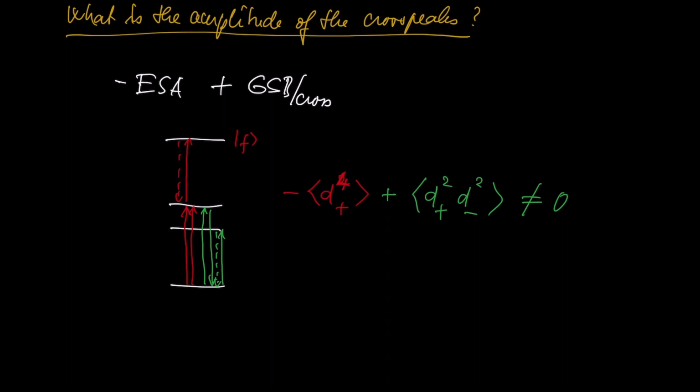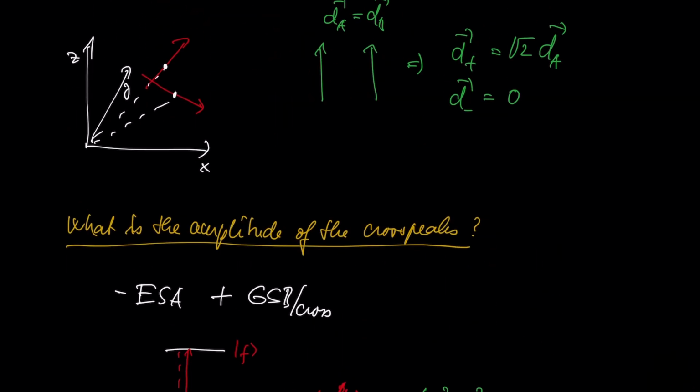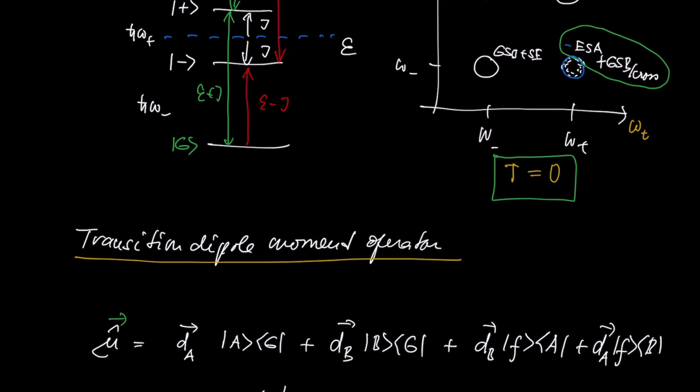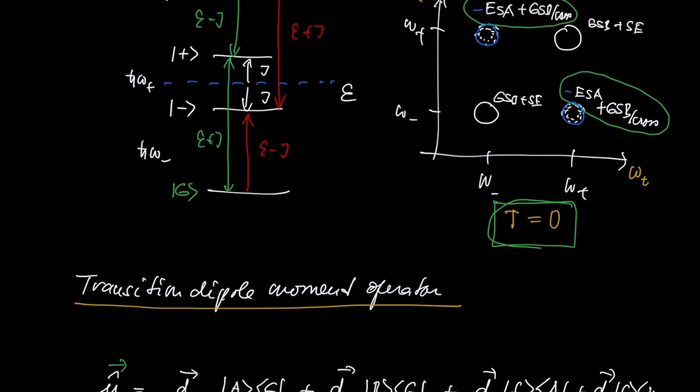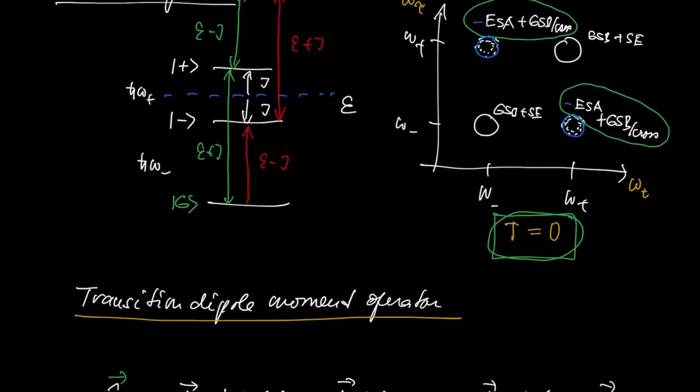So we can conclude that in general, crosspeaks in a 2D spectrum at t equals 0 are signs of the coupling between the molecules that compose the system that we observe.